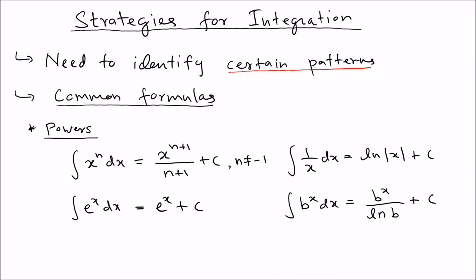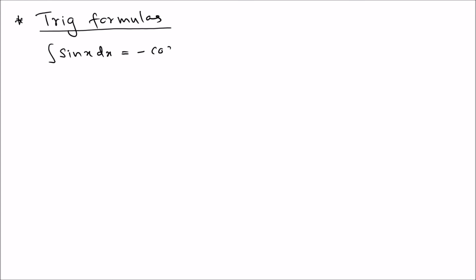Now we're going to move on to trigonometric formulas. Let's discuss that now. In trig formulas, we're going to start with sine and cosine. So we have sin x dx, which is equal to negative cos x, plus c. The reason is when you take the cosine derivative, you get negative sine. And then we have cos x dx, which is simply sin x plus c.